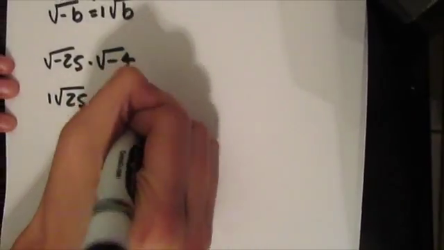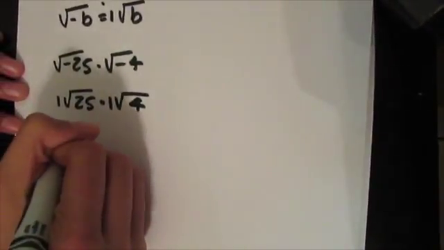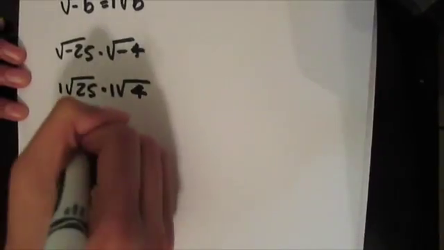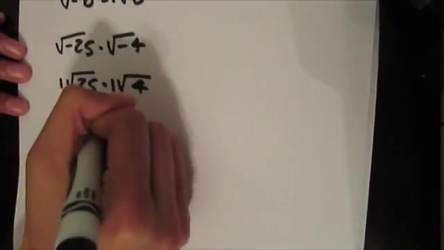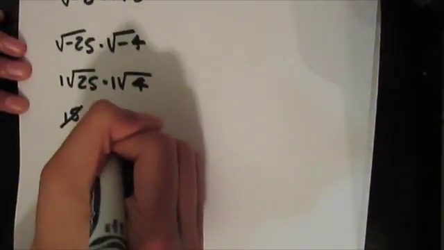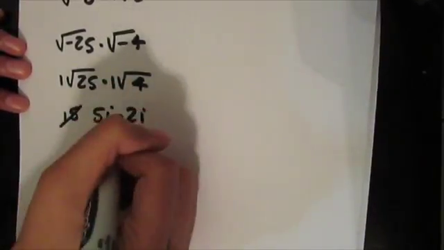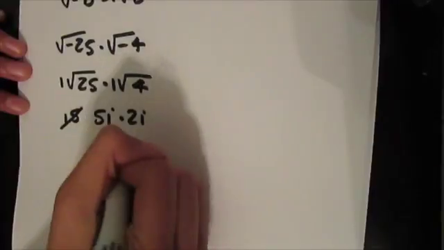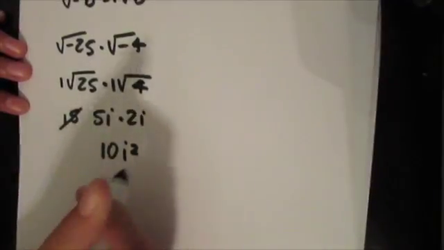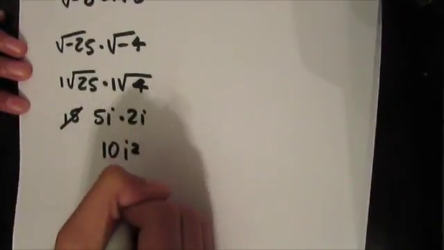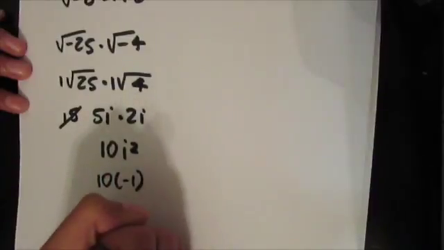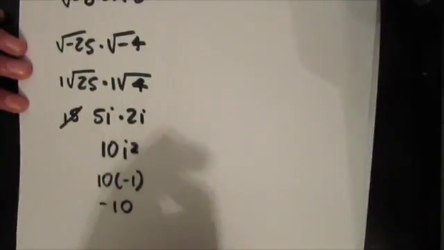Once we simplify this, it will be 5i, which is the proper way to write it, times 2i. Once we multiply this, we end up with 10i squared. Once again, i squared is negative 1, so 10 times negative 1. Our final result is negative 10. Very simple.